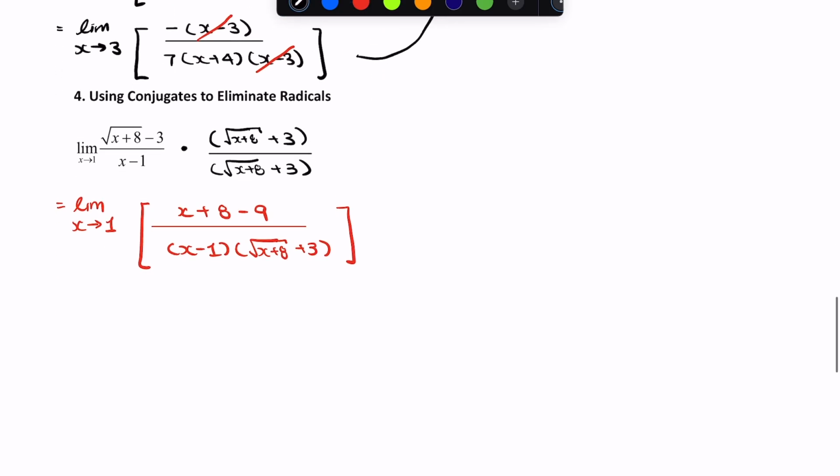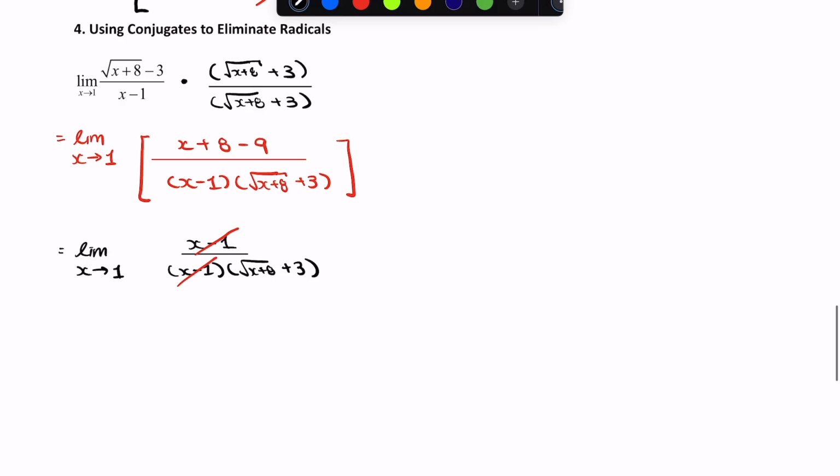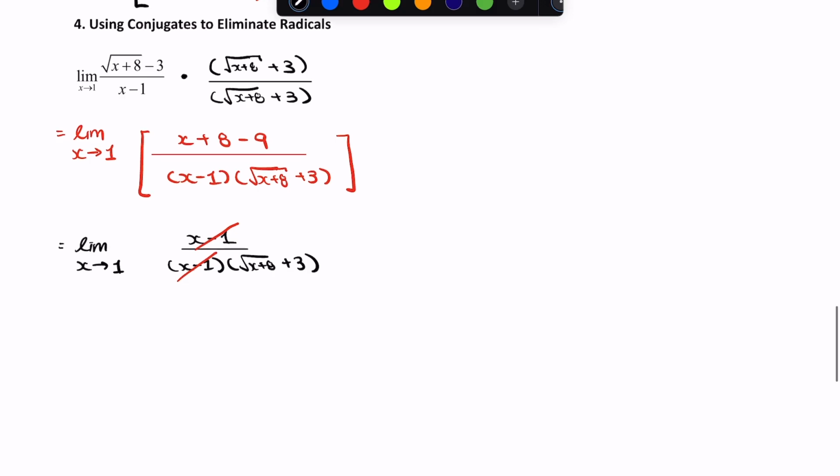Here we can simplify the top. Look at the limit as x approaches 1. It would be x minus 1 over x minus 1 times square root x plus 8 plus 3. Here we can simply cancel out the x minus 1. And now we'll be left with 1 over square root x plus 8 plus 3. And we can just sub in our value.